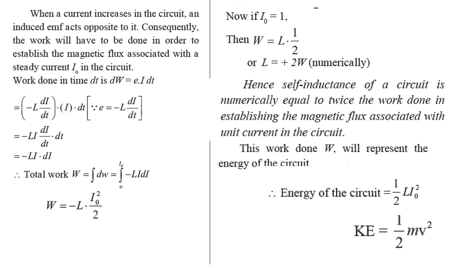Therefore, the energy of the circuit is half L I0 square. If we compare this with the kinetic energy of a moving body, half m v square, it is quite clear that the role played by mass in translational motion is the same role that is played by L in the phenomenon of electromagnetic induction. Mass defines the inertia; L defines the electromagnetic inertia of the circuit.